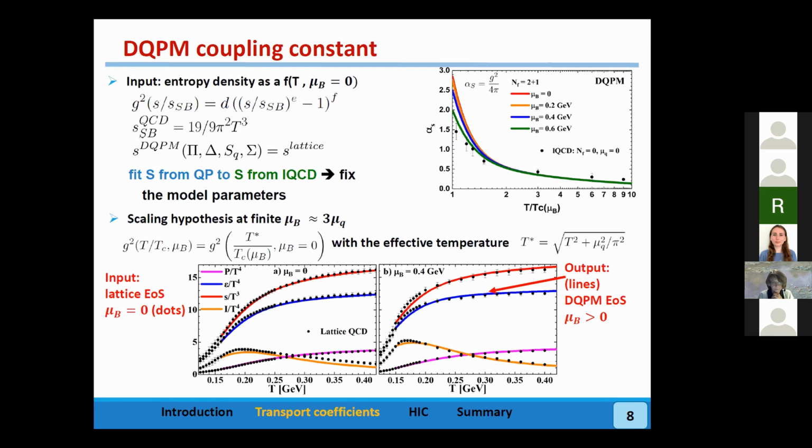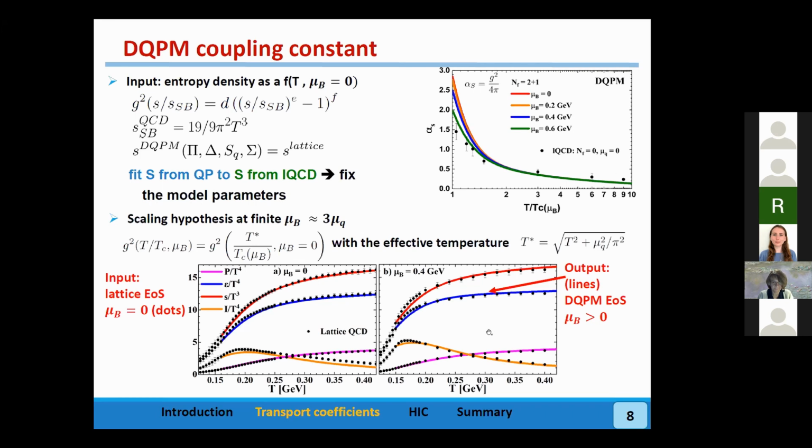As Elena said, we can parameterize our model using the lattice equation of state. Here you can see that the dynamical quasi-particle model parameterized at mu equal 0 can reproduce lattice data at non-zero mu. So it's just a simple model which can describe microscopic properties.